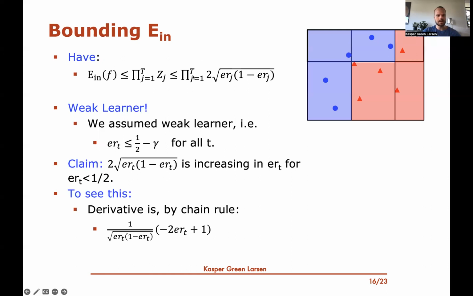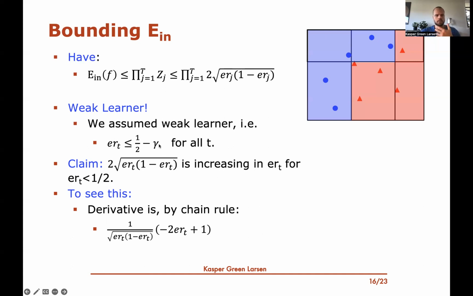And what we're going to use here is that we had a weak learner. We haven't used that assumption yet at all. But the weak learner assumption means that this base learning algorithm that we run in every iteration is going to return a hypothesis whose error under this weighting is at most a half minus gamma. That's exactly the assumption of a weak learner. So each and every one of these errors ε_j is no more than a half minus gamma.